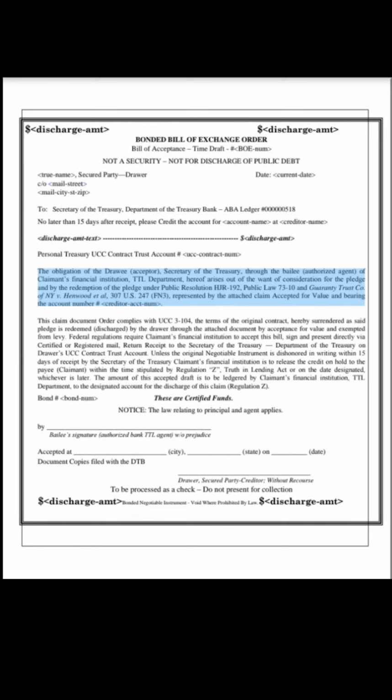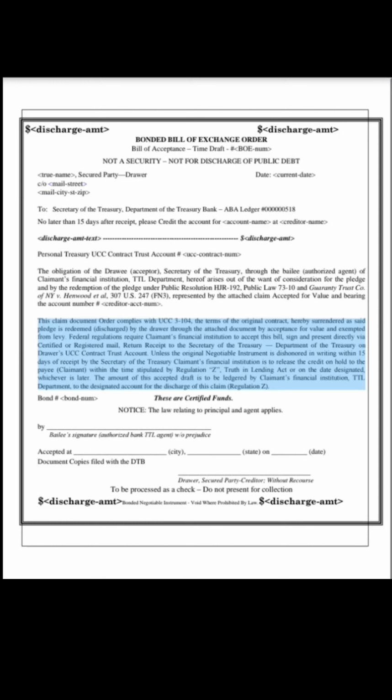Henwood et al., 307 U.S. 247 FN3, represented by the attached claim accepted for value and bearing the account number <creditor acct num>. Date: <current date>. This claim document order complies with UCC 3-104, the terms of the original contract, hereby surrendered as said pledge is redeemed, discharged by the drawer through the attached document by acceptance for value and exempted from levy.